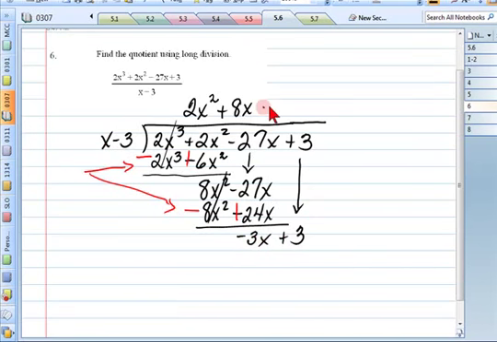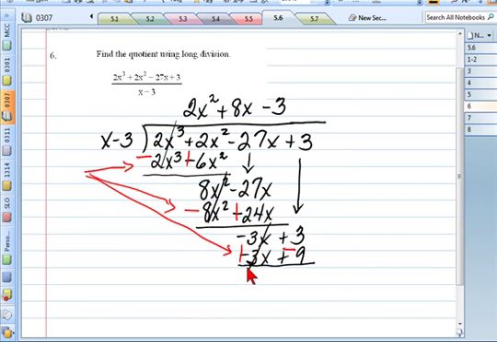Negative 3. And I don't need the x, so just negative 3 times x is negative 3x. Negative 3 times negative 3 is positive 9. Last time for the red marker. Change, change. So the 3x's cancel, and I end up with negative 6.